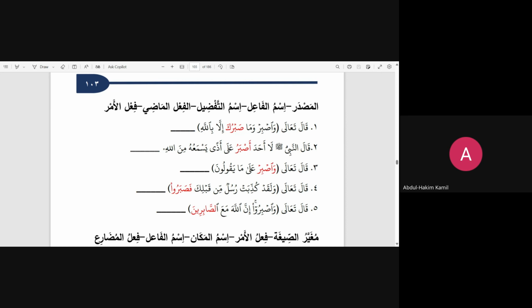Okay, listen. Yasma'uhu is a description of the adha. So listen to this. A sentence that comes after a nakira is a description. A sentence that comes after a ma'rifa is hal. We'll say it again. A sentence that comes after a nakira is a description for it.